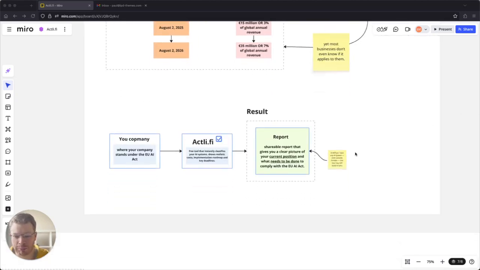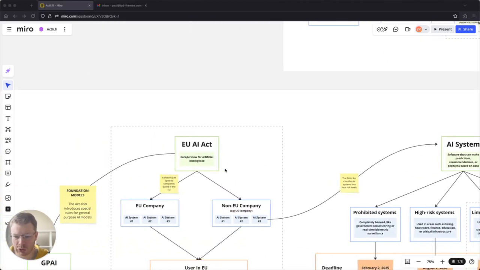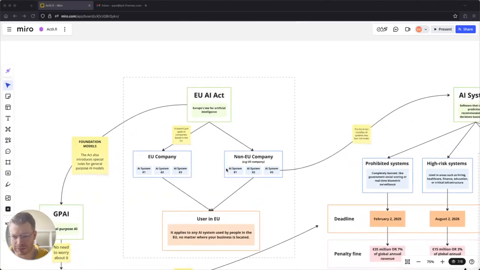All right, before we start with the report and I show how to use this tool, let me quickly clarify what the EU AI Act is and what it stands for. So the EU AI Act is Europe's law for artificial intelligence. It doesn't just apply to companies based in Europe.